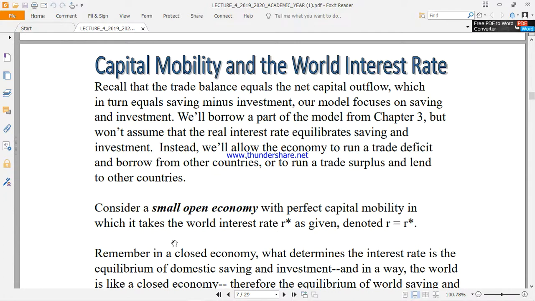World interest rates are determined in the global financial market, whereas the domestic rate of interest is determined domestically. Okay, and then your question was, will it be true if we say that negative trade balance leads to inflation or is equal to inflation?